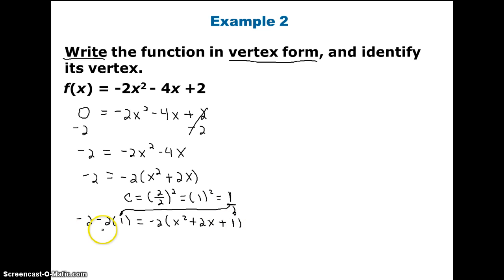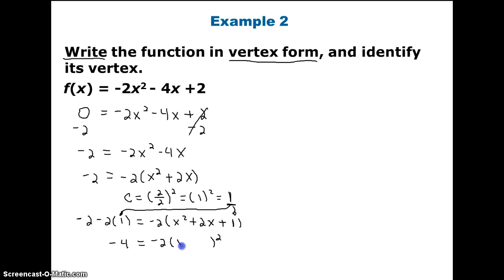So you are going to simplify this, combine terms. So that's negative 2 minus 2 times 1, that's negative 4. On the other side, we bring down the negative 2. This trinomial is a perfect square trinomial. That's why you made it when you completed the square. So you want to write it as a binomial square.